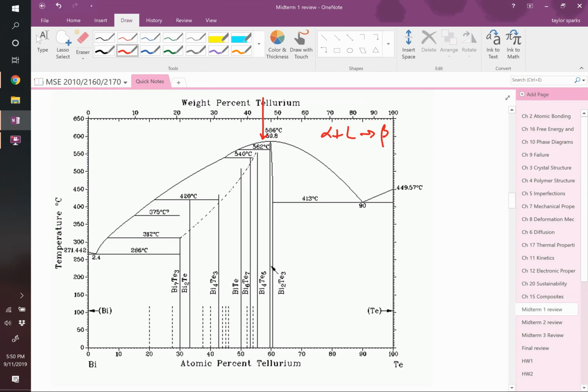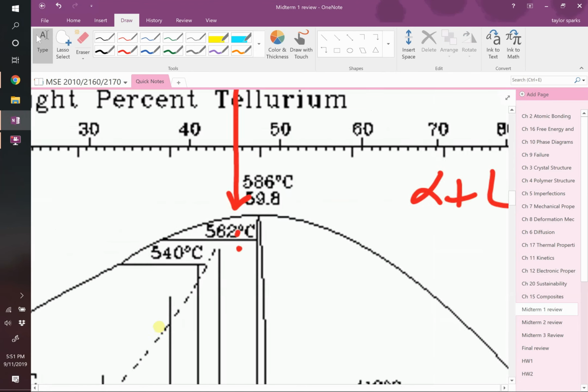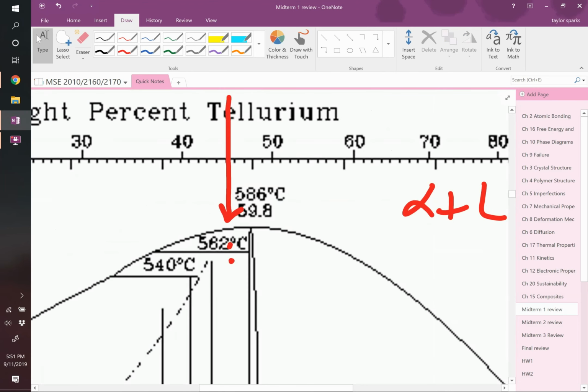So as we cool down, just above this line versus just below, how will it look different? Let's draw the one just above. We could do the lever rule. Question, Clarissa, and then Eric. At the peritectic point, that's what happens. We're over here, so we don't have that.